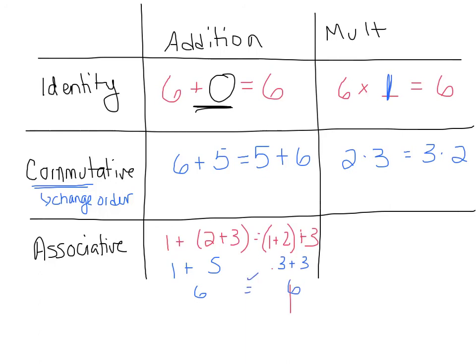So it checks. You'll notice the parentheses change place, but the numbers are in the same exact order, 1, 2, and 3. The same thing happens with multiplication: if I multiply the 2 and 3 together first, it's the same as if I do 1 times 2 and then multiply by 3.